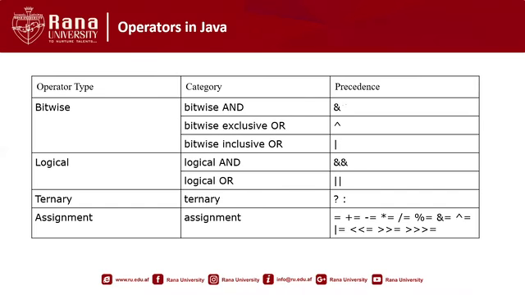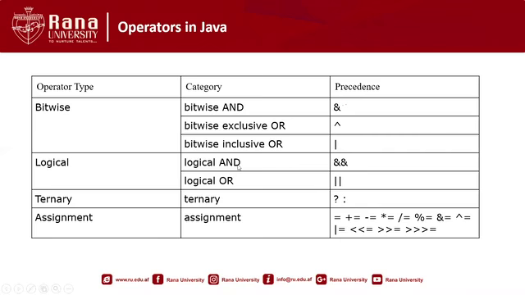If the first condition is true, it will not check the second condition, because the rule of the OR operator is that if the first condition is true, the result will be true. If the first condition is false, it will check the second condition. If the second condition is true, then the result will be true. And in the OR operator, if both of them are false, then the result will be false.